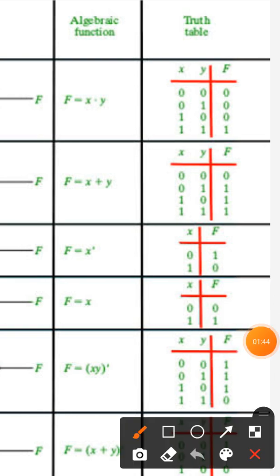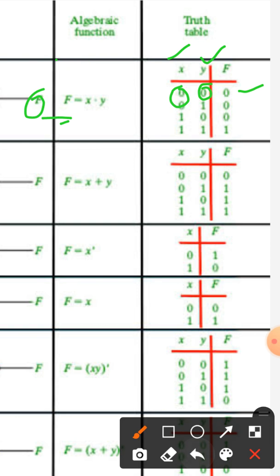when one is input x and another is y, when both x and y are 0, meaning both are in low condition, we have output f which is also low. We can draw it like this: x is 0, y is 0, then output is also 0.